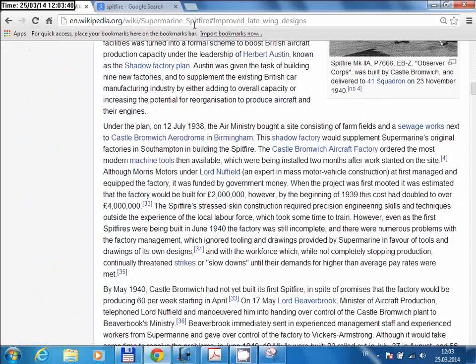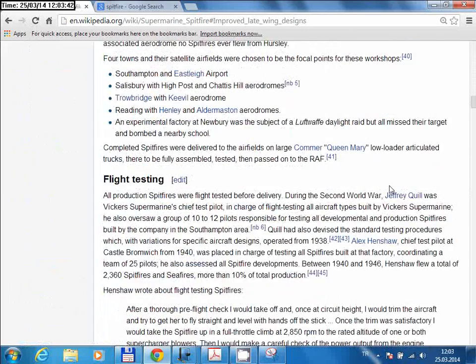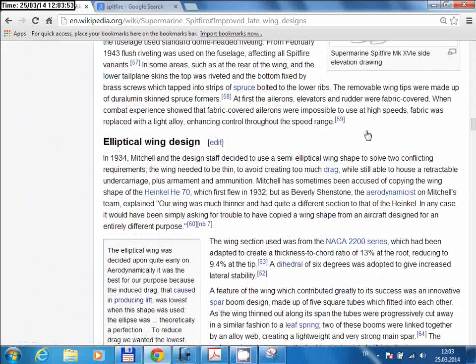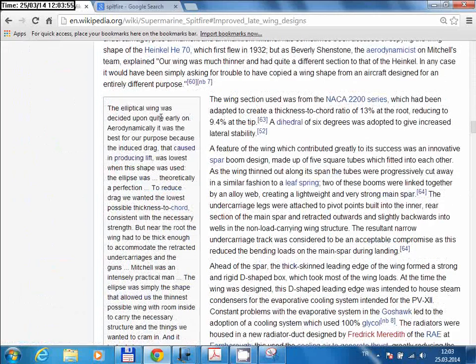And in the Wikipedia page, they talk about that. So here you see that it has a wing airplanform design that is almost a perfect ellipse. And here it says the elliptical wing was decided upon quite early on.